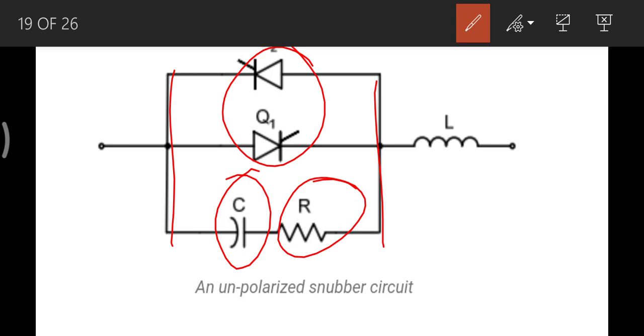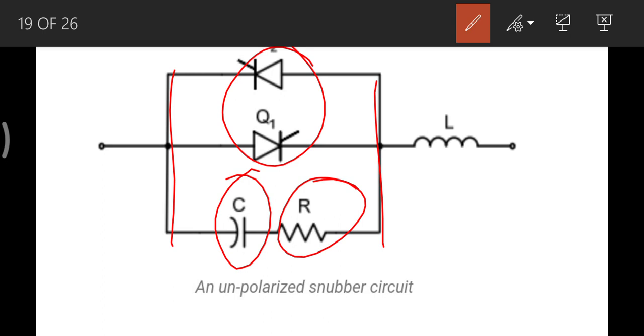That means if there is any sudden rise in voltage, that rise in voltage can be overcome by this RC connection.